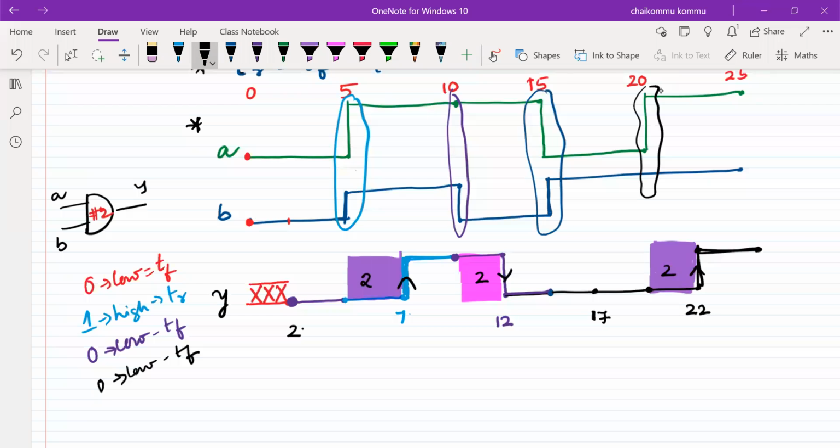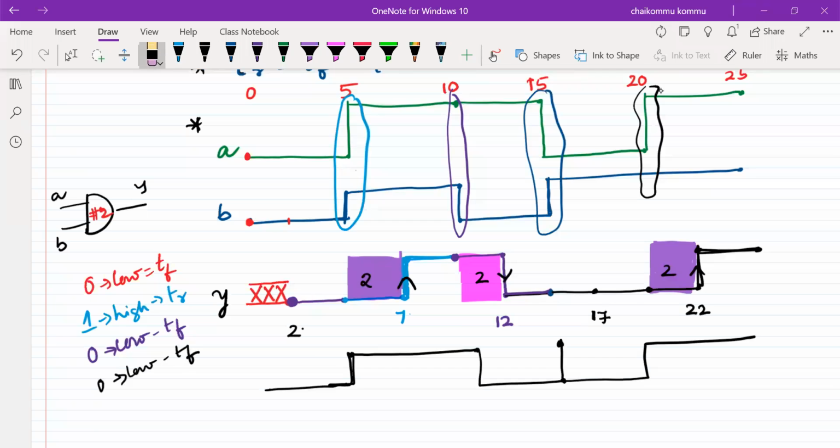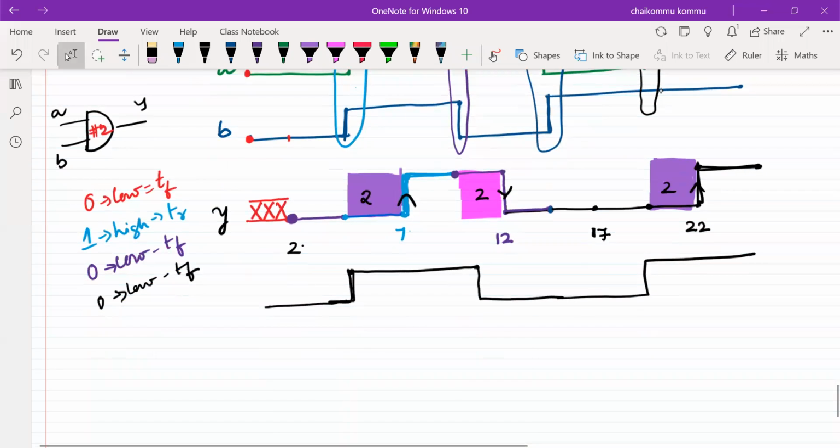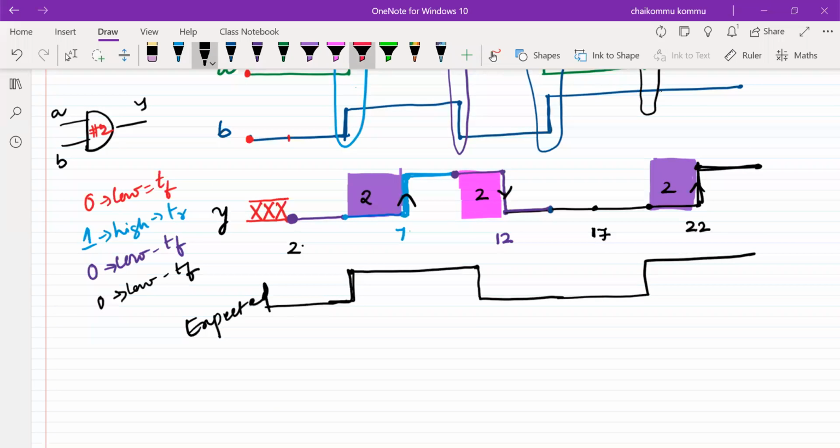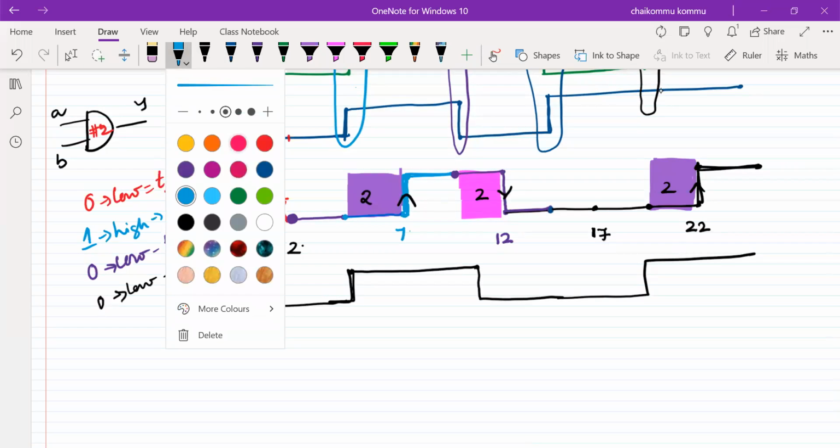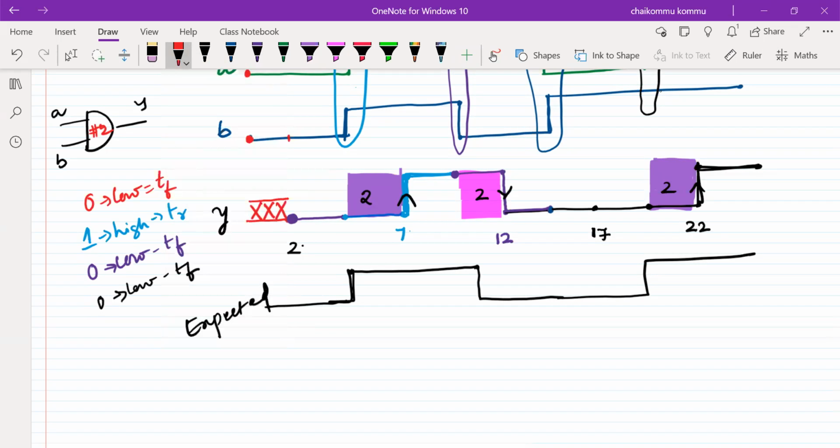This is 0, this is 1, up to this is 1, go back to 0, something like this. No, this is also 0, something like this. Right? This is what we are actually expecting. Okay, this is the expected output. But the real output is this one.